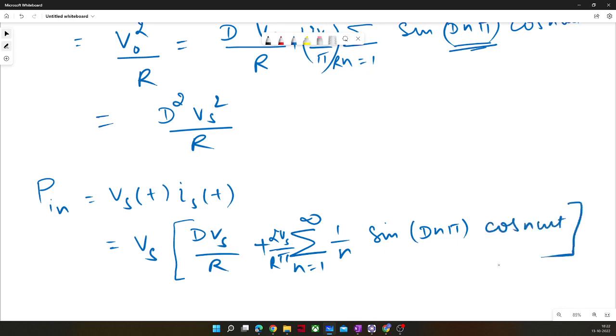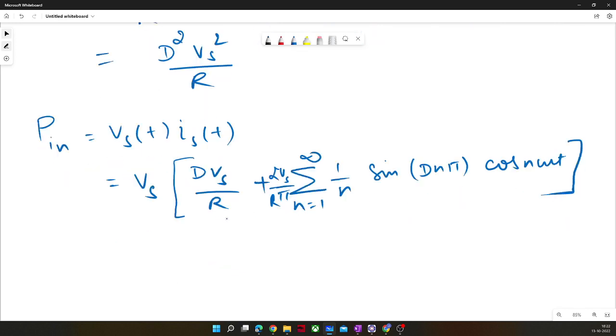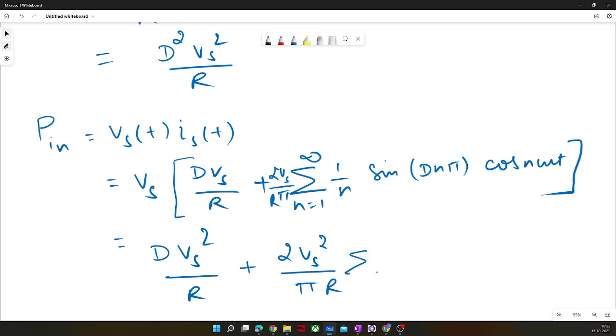Okay, so this will be your Vs into Is(t), and if you multiply here, you will get dVs square by R plus 2Vs square by pi R summation n is equal to 1 to infinity 1 by n sine dn pi cos n omega t, right?